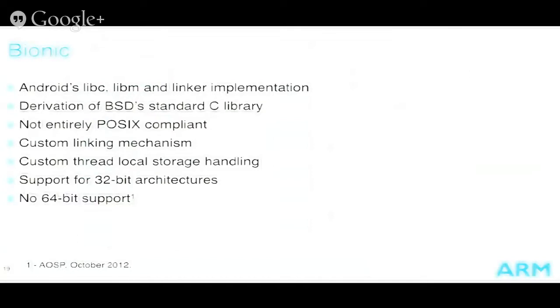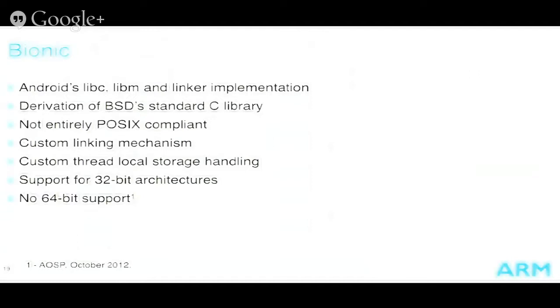So Bionic. Bionic is probably one of the first projects we touched in the Android user space. It's Android's libc, libm, and linker implementation. It's a derivation of BSD. BSD is a standard C library, and it's almost POSIX compliant.